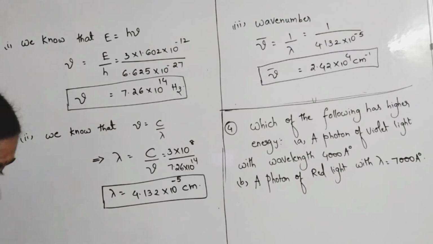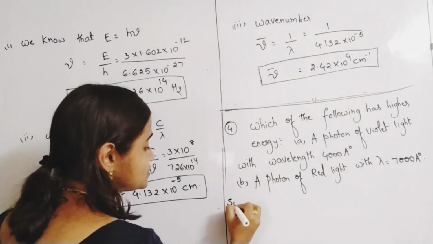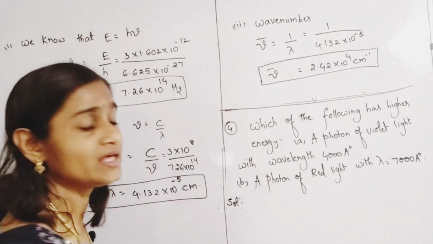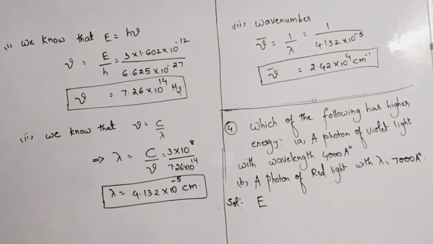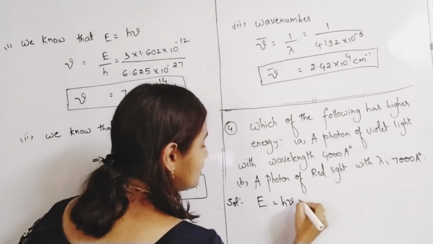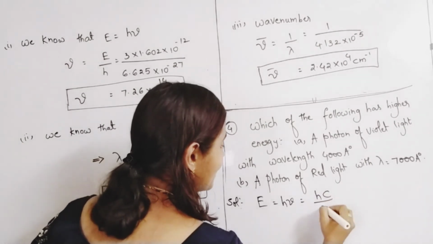You have to calculate that. So let us do that solution. First we have the energy formula: E is equal to hc by lambda. What is the formula for energy? E is equal to h nu, means hc by lambda.